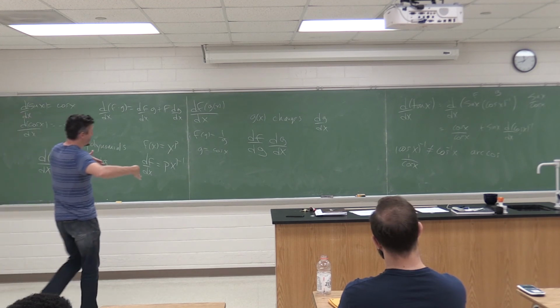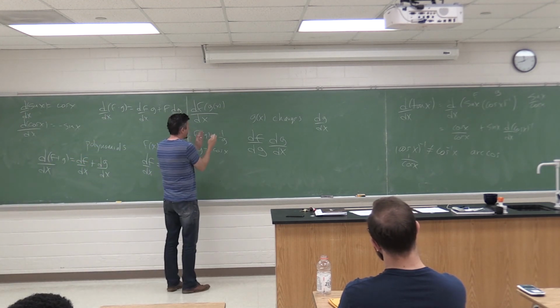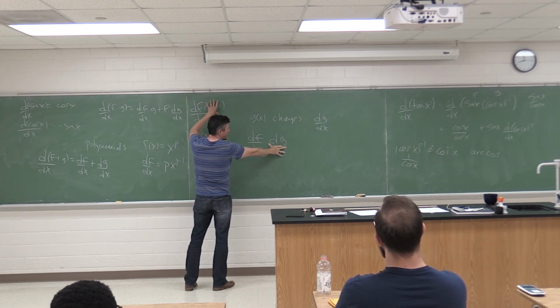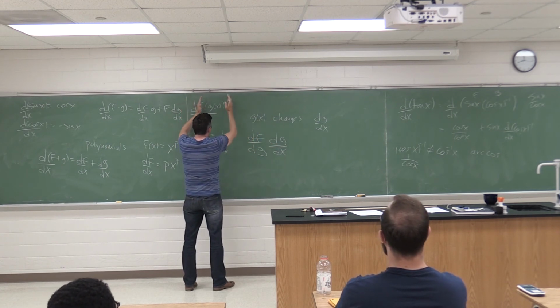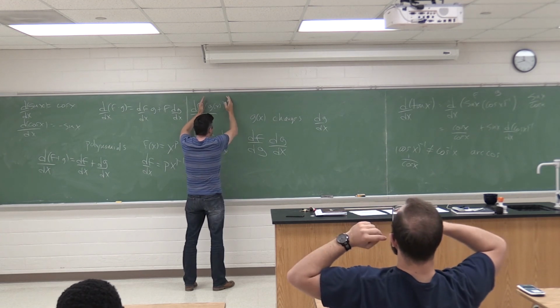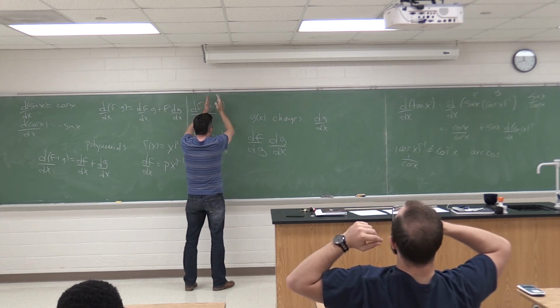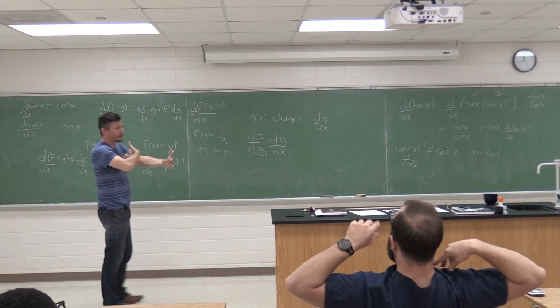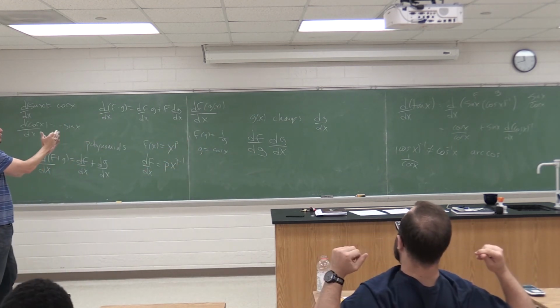You can think about this going almost inside and out. I start on the inside, and I see how it changes. Or you can go outside in. I change the whole thing, f, the big thing. So as I alter g, f changes, but then as I alter x, g changes. So this is this chain. It's one after the other.